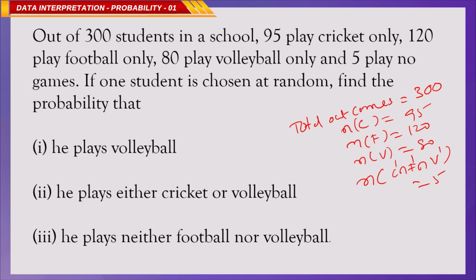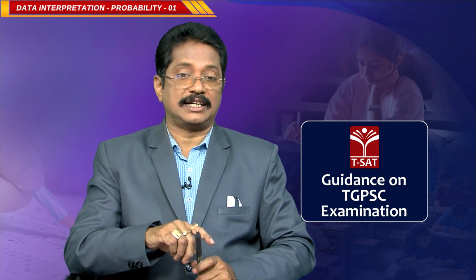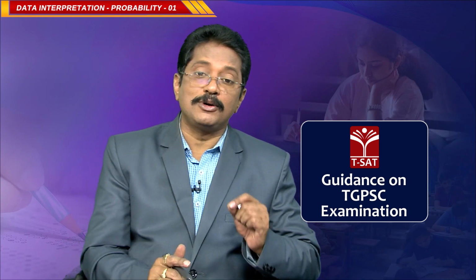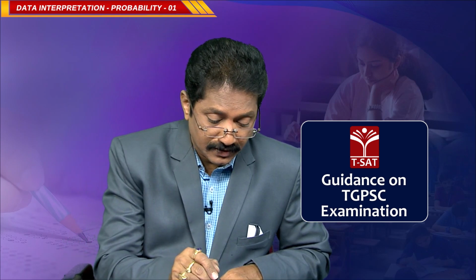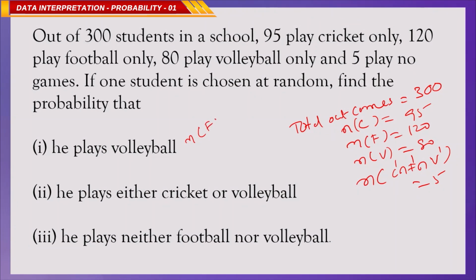The first one: he plays volleyball. What is the probability? When you select one person who plays volleyball, what are the favorable outcomes? 80. What is the total outcomes? 300.